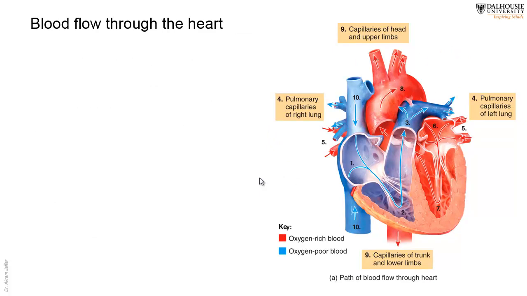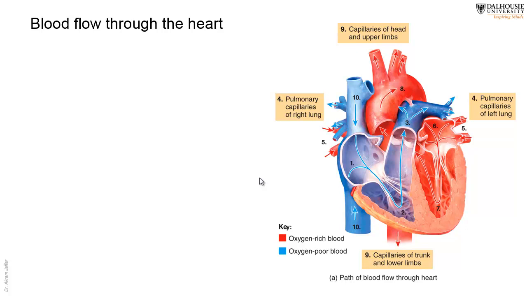And this is, again, to show you how the blood is circulating within the heart. So we will start with number 1 here. That's the right atrium, collecting blood from the superior and inferior vena cava, as well as from the coronary sinus, which drains the muscle of the heart itself.